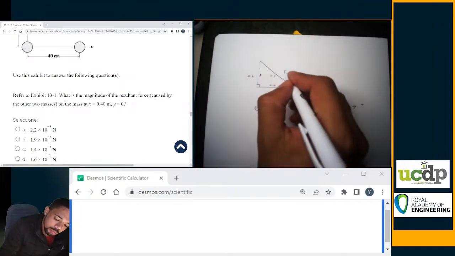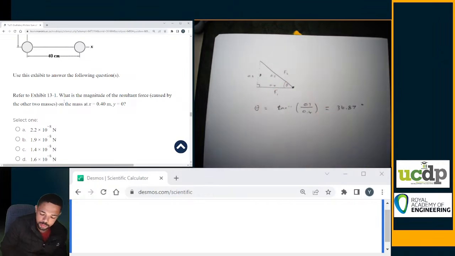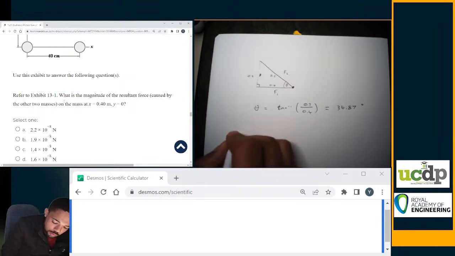Now let's calculate the components of F2. F1 only has a horizontal component.